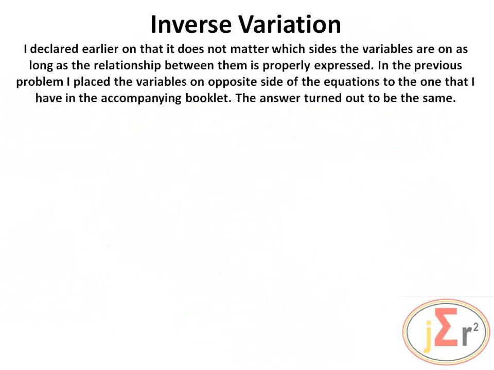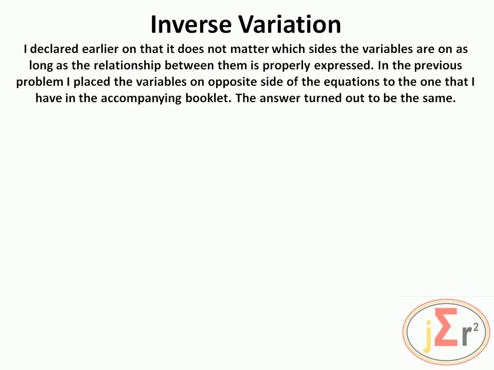I declared earlier that it does not matter which side the variables are on, as long as the relationship between them is properly expressed. In the previous problem, I placed the variables on the opposite side of the equation to the one that I have in the accompanying booklet. So if you look in the booklet, you will discover that the variables are not on the same side as I have them on this slide, but the answers turn out to be the same.